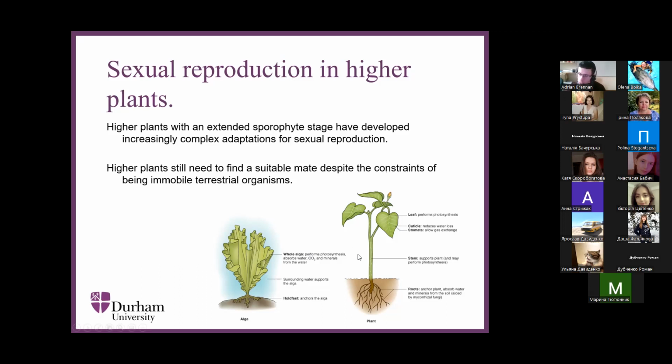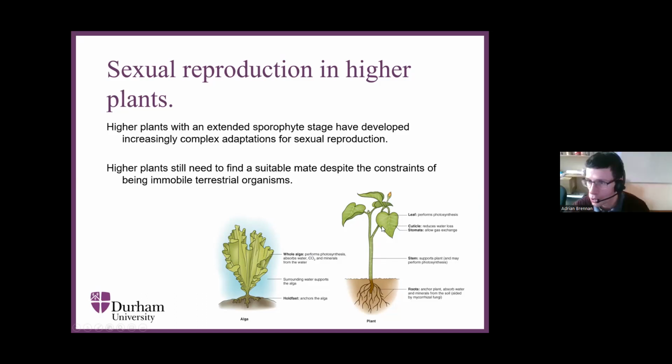It's a lot more difficult when you're on land. You're still sessile, so you can't move, but somehow those plants have to find another mate and exchange genetic material with that other mate. And so because of these challenges, plants have evolved a huge variety of mating systems to try and solve this problem.